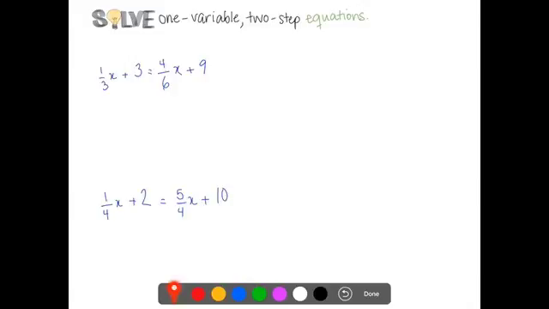Now I want to move this 1/3 x to the other side. Do the opposite again. This is a source of confusion for some kids because when they see 1/3 x, what they see is 1/3 being multiplied by x, and that is correct, and we're going to deal with that in a minute. But in order to move it to the other side, what you need to realize is that this is actually being added to this left-hand side.